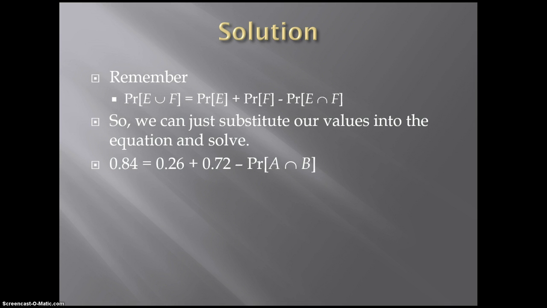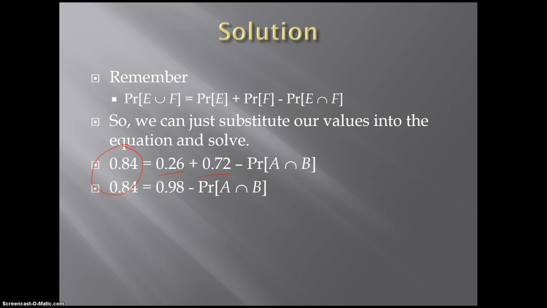So instead of union, we put 0.84 right here. And then we did the probability of E here and the probability of, actually this was A, I'm sorry. This is the probability of A union B, probability of A, probability of B, and then we're going to minus the probability of A intersect B, which we don't know, so we'll just leave that alone like it's a variable.